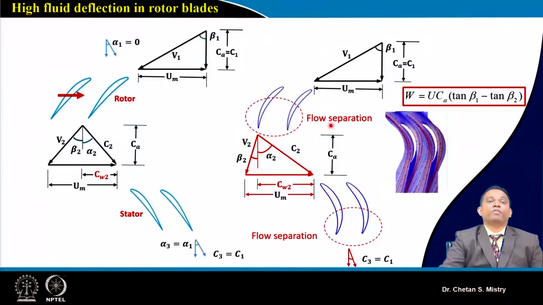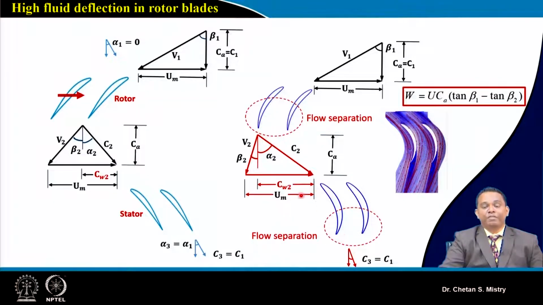Be careful: for the rotor, we have rotational speed helping us do the diffusion, but here it is a stationary action. So my flow will be at higher absolute velocity with higher kinetic energy, and you need to diffuse that efficiently. In order to do such diffusion, we are looking for a highly twisted blade, or a highly cambered blade. So this stator also will have higher camber.